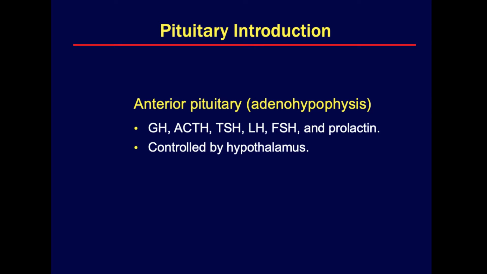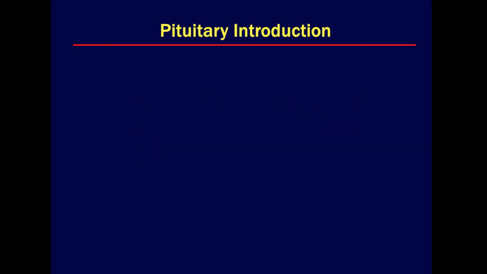And this is controlled by hormones secreted from the hypothalamus, and each one of these hormones that are going to stimulate the anterior pituitary are all referred to as releasing hormones. So most of the problems that we have as far as endocrine disorders are going to involve the anterior pituitary.